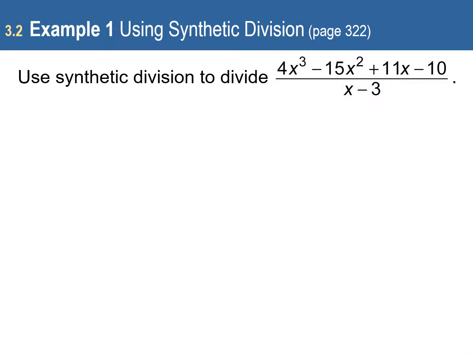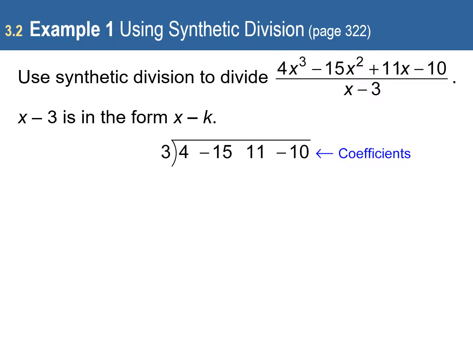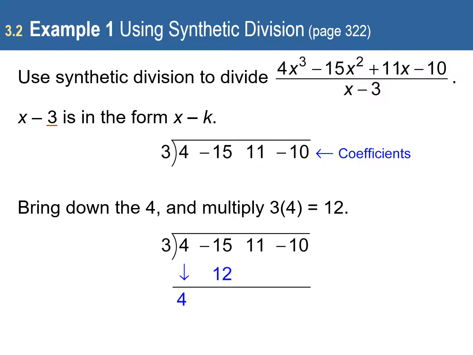So let's use synthetic division to divide 4x cubed minus 15x squared plus 11x minus 10. Well, in this case, our c value is 3. So we're going to put the 3 in the box. And then the coefficients are 4, negative 15, 11, and negative 10. So we're going to bring the 4 straight down and then multiply 3 times 4, and that is 12.